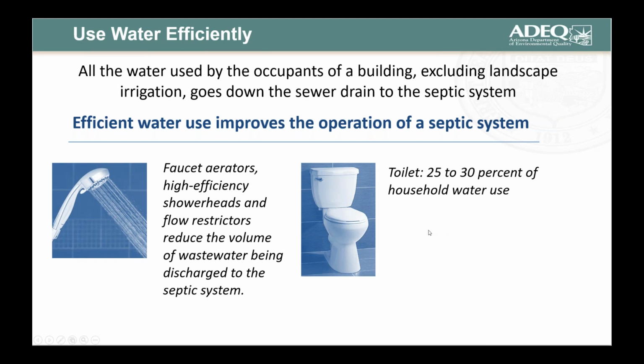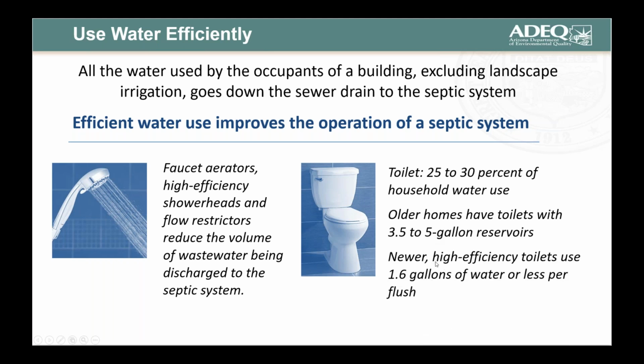Now, a toilet typically uses 25 to 30% of household water use. That's why there's been a big push on these low flow toilets. Older homes have toilets with 3.5 to 5 gallon reservoirs. Newer high efficiency toilets use 1.6 gallons of water or less per flush.